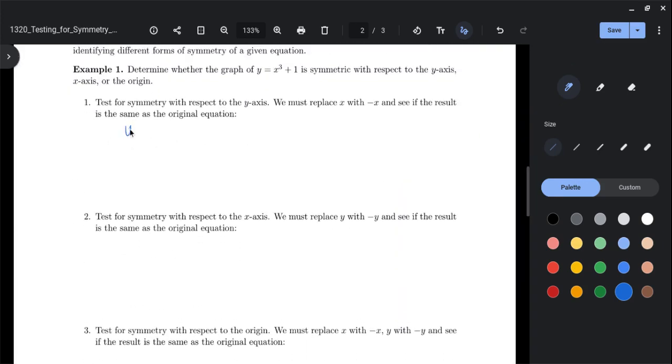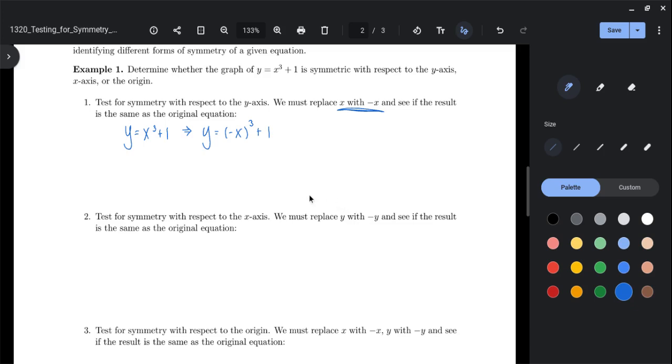So our original equation is y equals x cubed plus 1. And then the very first step I'm going to take is replacing our x with a negative x. So we're going to have y equals, in parentheses, negative x cubed plus 1.